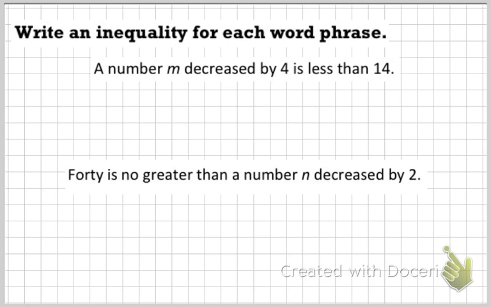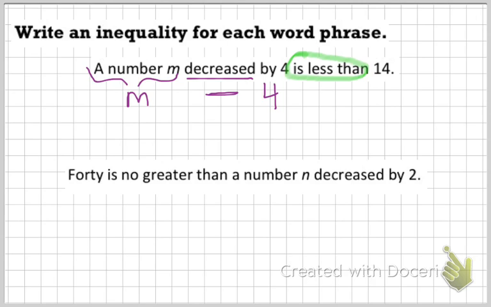All right, so let's start writing an inequality for each word phrase. A number m, so this is just m. Decreased is a mathematical operation, and it means to subtract by 4. Is less than, no, careful, because this is not saying less than as in, oh, it's just a minus sign. No, what's giving it away is the "is less than."